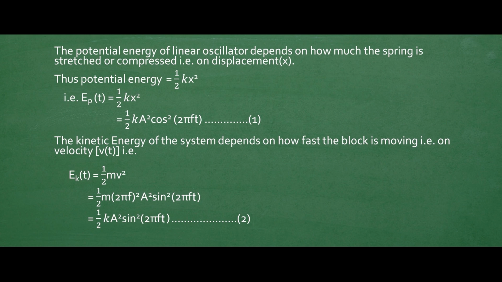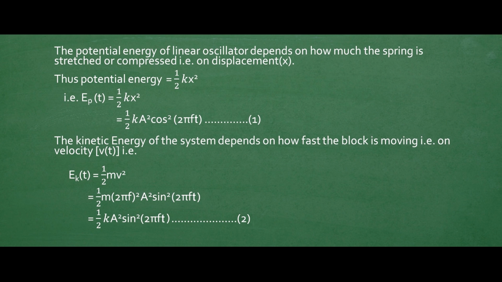So the kinetic energy of the system depends on how fast the block is moving, that is on the velocity. Remember, we have derived the velocity equation also. Substitute in the formula, m you can keep as it is. So substitute the value of v, remember it's v squared, so square it. So we get the equation of kinetic energy as well.